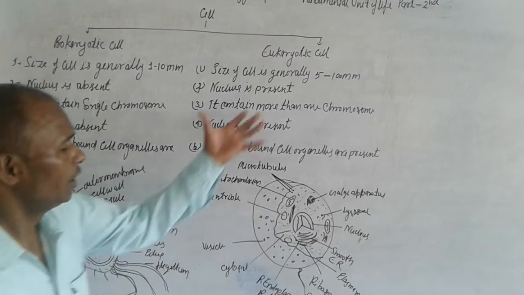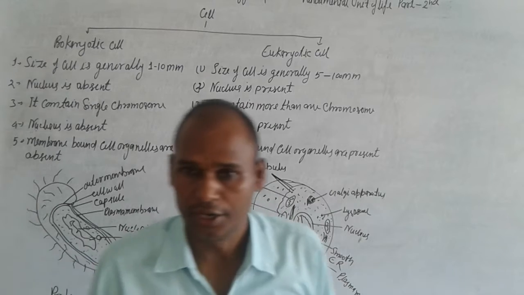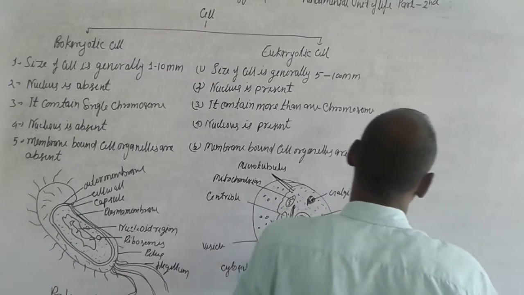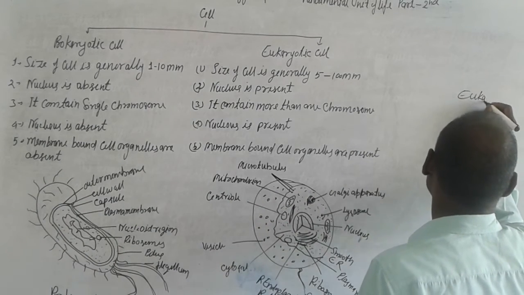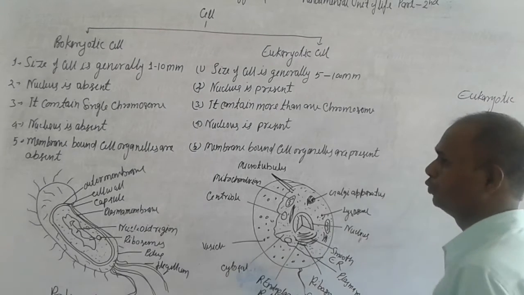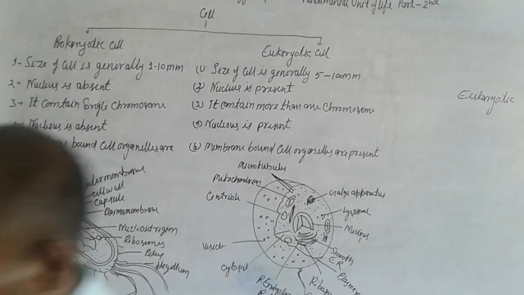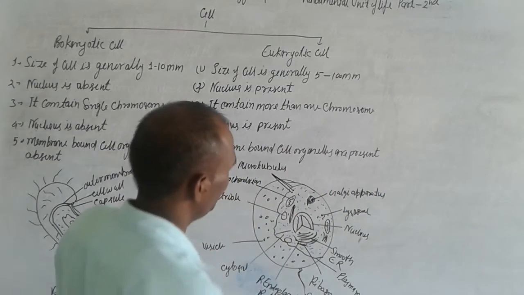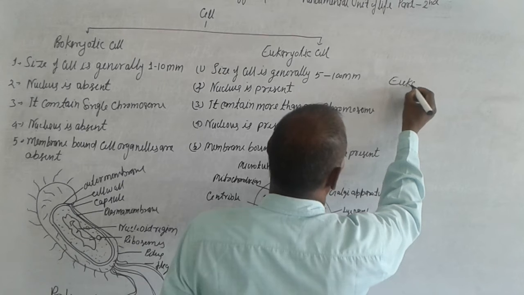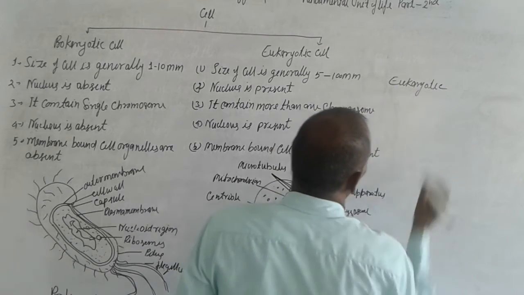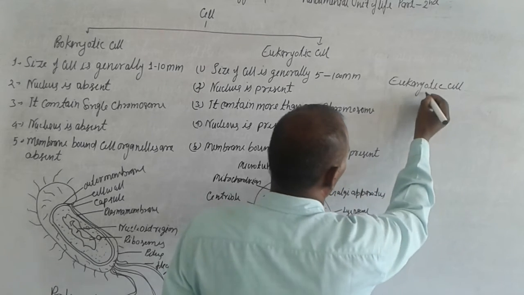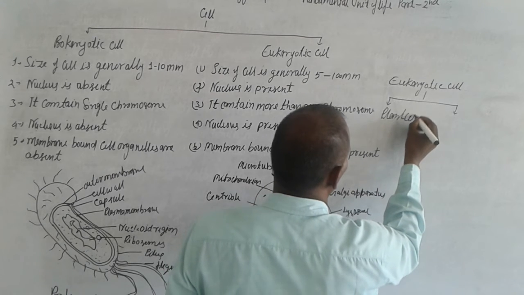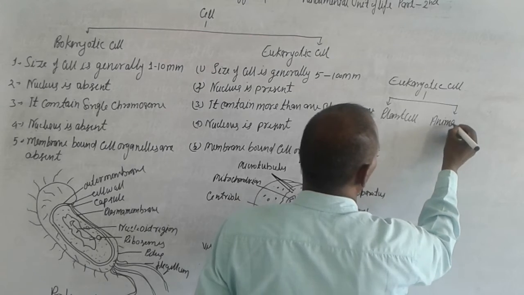Okay, and we further divide the eukaryotic cell into plant cell and animal cell.